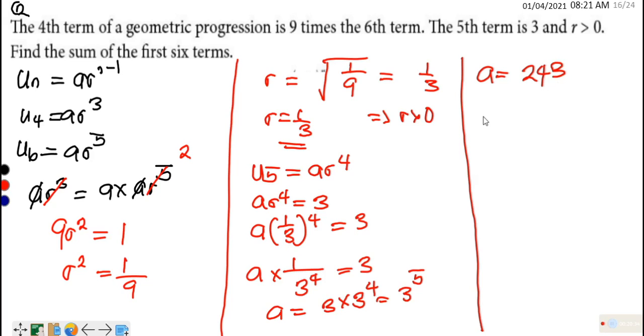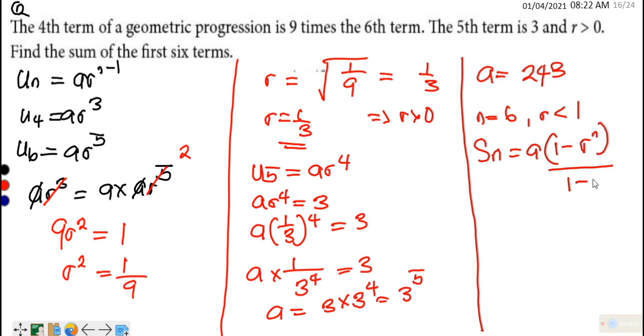Now we are looking for the sum of the first 6 terms. n equals 6. So Sn, since r is greater than 0 but less than 1, we use the first formula: Sn equals a into 1 minus r raised to power n all over 1 minus r.